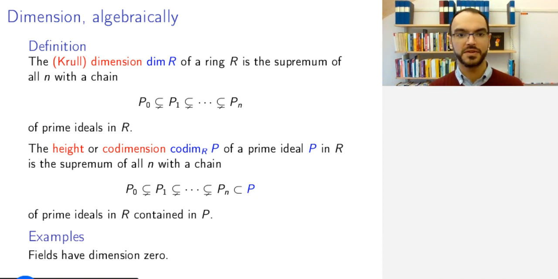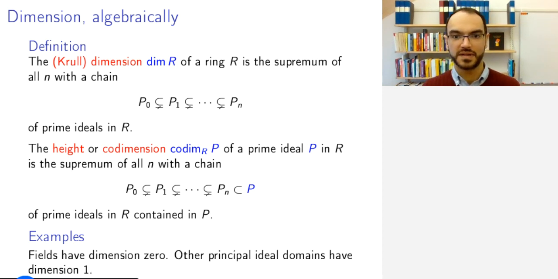Let's look at some examples. Fields have dimension 0, simply because there are no prime ideals except the 0 ideal, so any such chain will start and end with the 0 ideal. Other principal ideal domains, meaning principal ideal domains that are not fields, have dimension 1. Why is that?